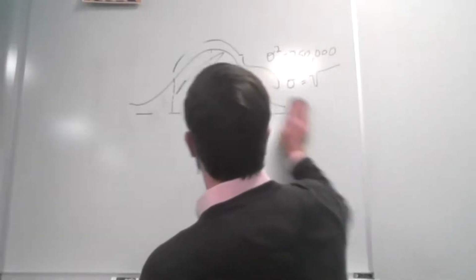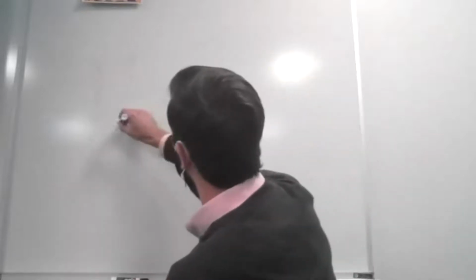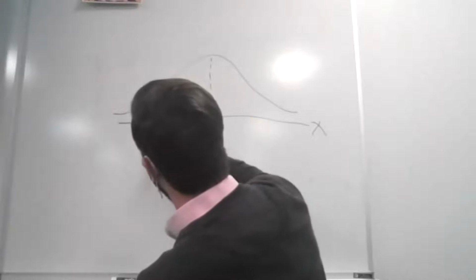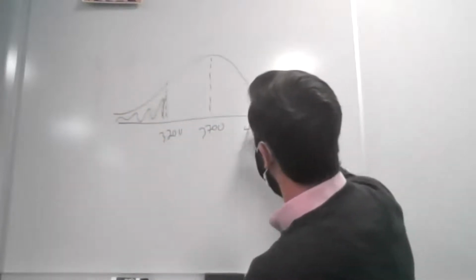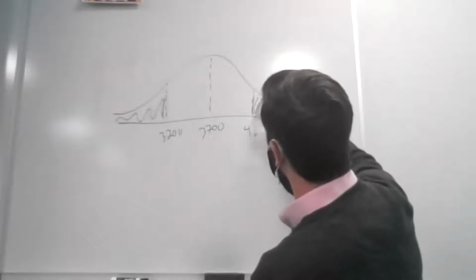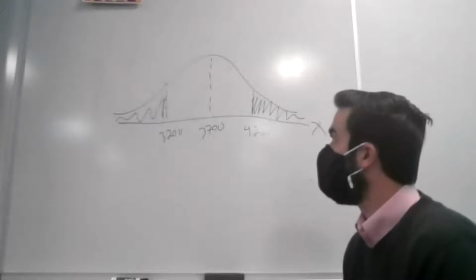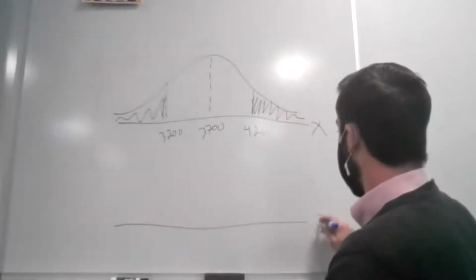We've got the same distribution, but now we want to know, centered around that 3,700, what's the probability that we see less than 3,200 or greater than 4,200?